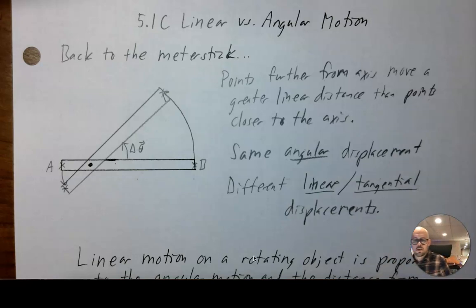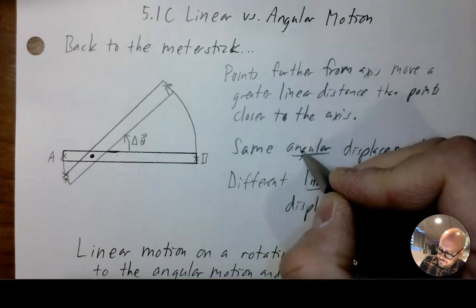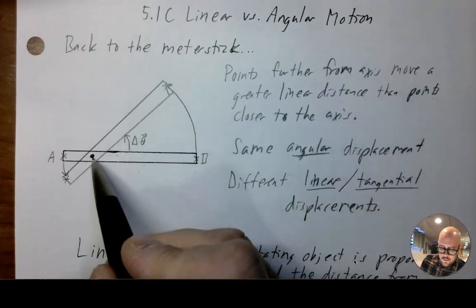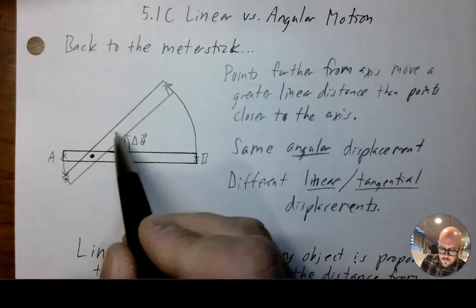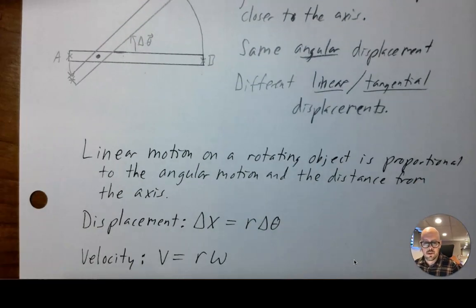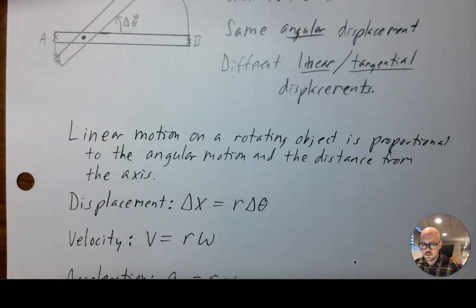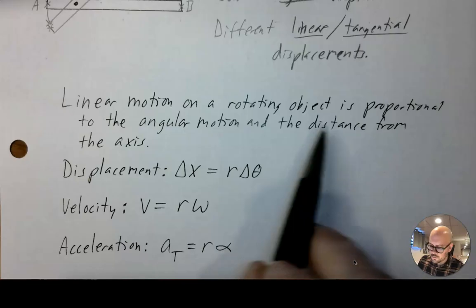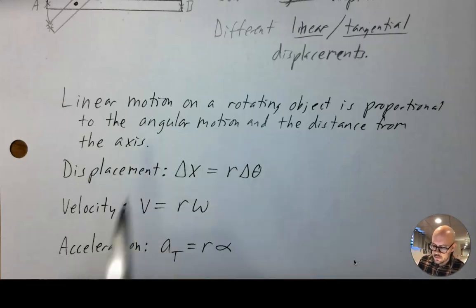Okay, and so we're going to turn this into a mathematical relationship, and it's really easy because we work with radians. As you can see, as I said already, the further away you get from the axis, the greater that tangential distance. And so that means that the linear motion is proportional to the distance from the axis.